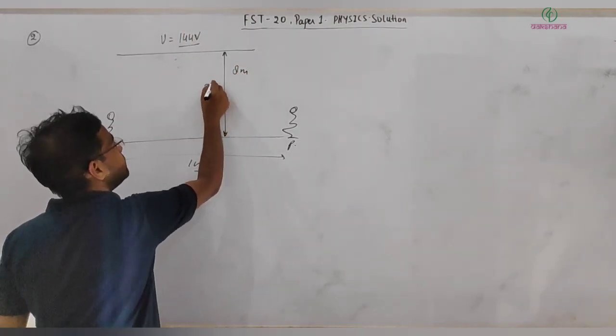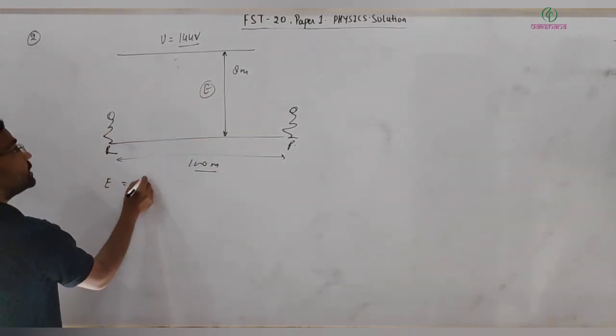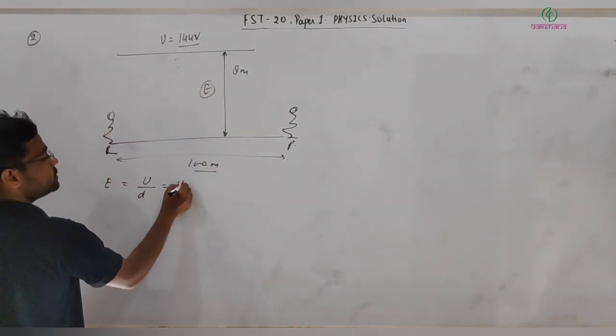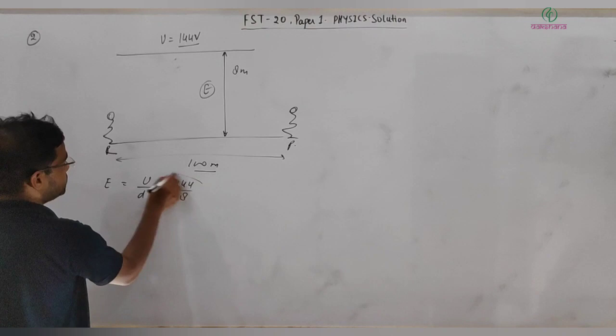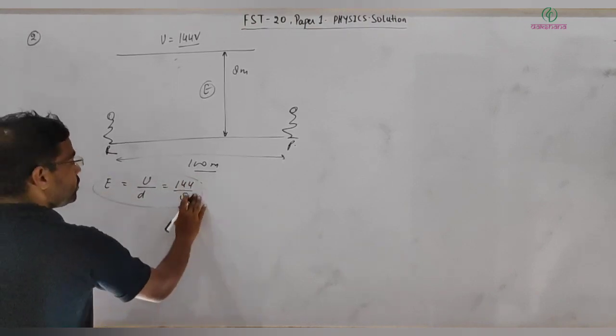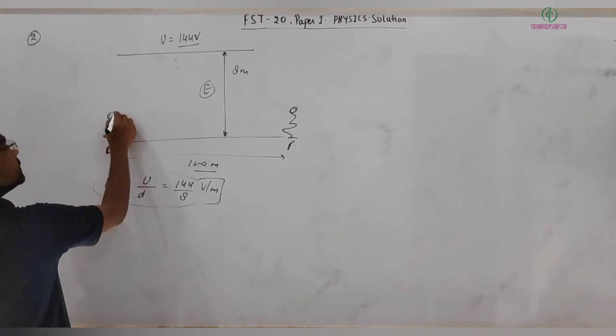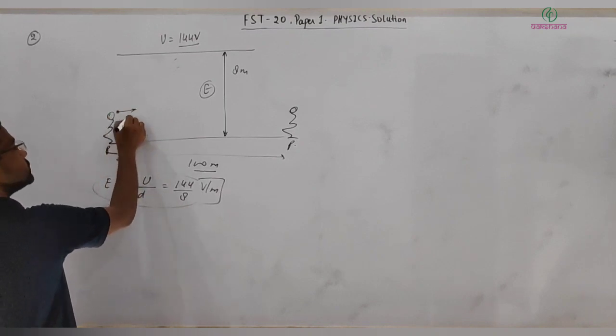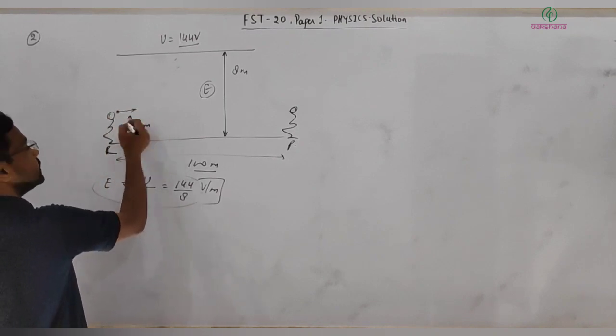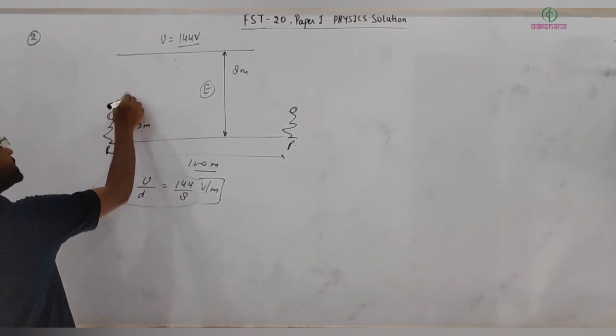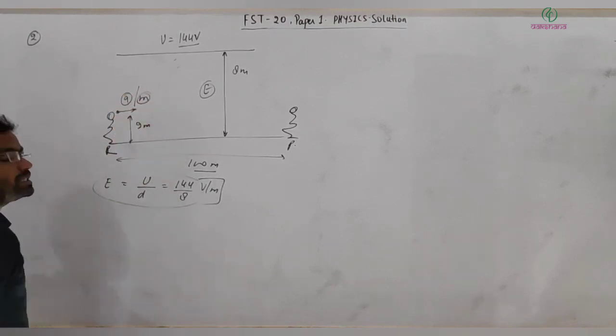So the electric field E can be written as V divided by d, that is 144 divided by 8 volt per meter. Now the person fires a bullet from a height of 2 meter, and it acquires some charge q, and let's say the mass of the bullet is m.